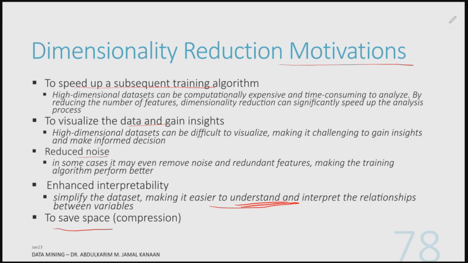And another interesting reason behind dimensionality reduction is security, to disguise the original data. Let's say I collected data about this class, about age, favorite food, favorite drink, and so on and so forth. And I would like to secure the data. If somebody looked at the data, he won't understand.